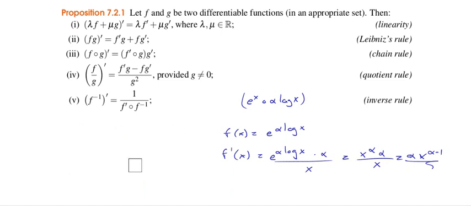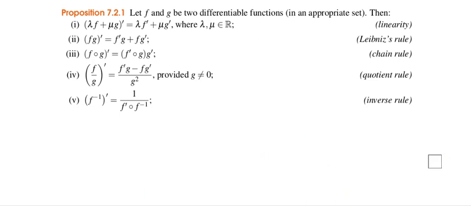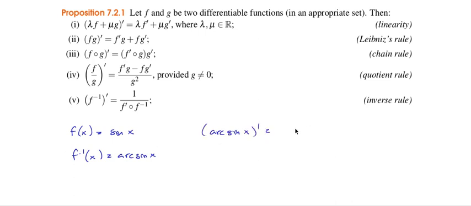And finally, let's do one of the trigonometric ones. We know that the inverse of the sine is the arc sine. What is the derivative of the arc sine? Well, the derivative is 1 over f prime, which is the cosine, but evaluated at the inverse. Instead of the cosine of x, the cosine of the arc sine of x.